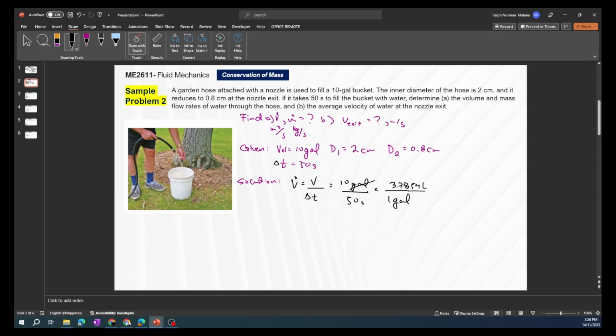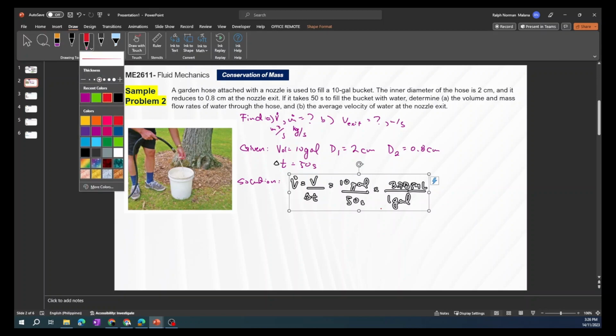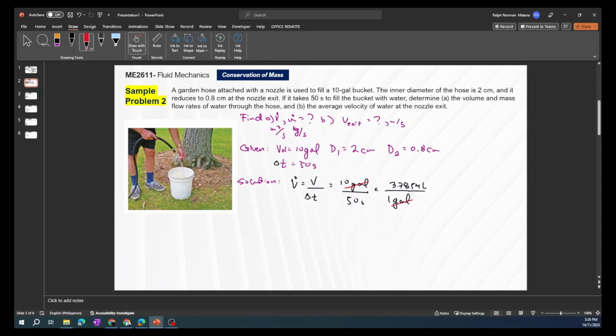So this one's going to cancel out, and then that would equal to around 0.757 liters per second. Okay, so that's our volume flow rate.